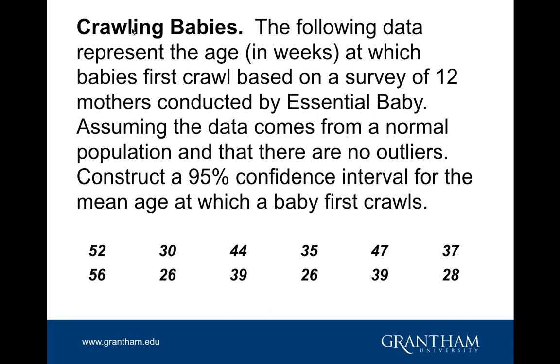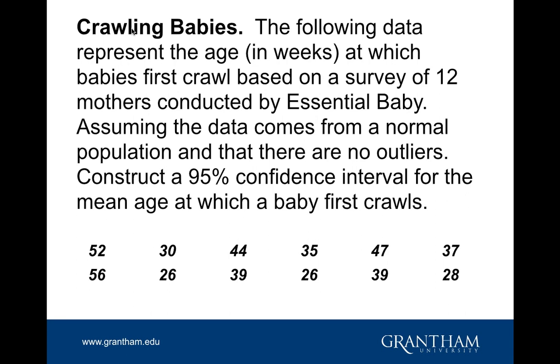This is also a raw data set. The following data represent the age in weeks at which babies first crawl, based on a survey of 12 mothers conducted by Essential Baby. Assuming the data comes from a normal population and that there are no outliers, construct a 95% confidence interval for the mean age at which a baby first crawls.